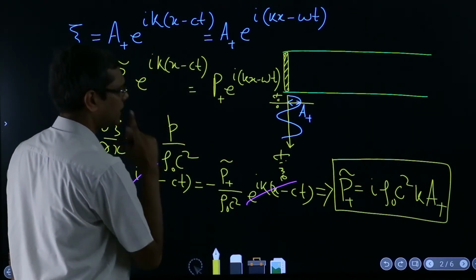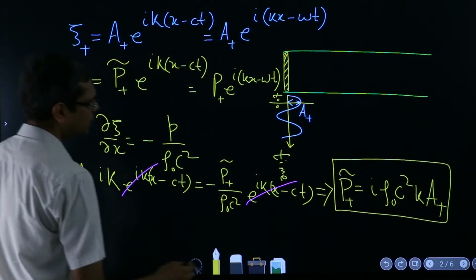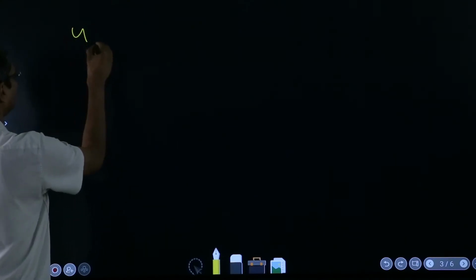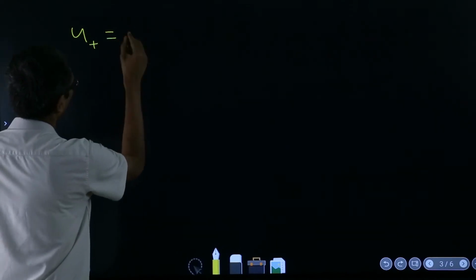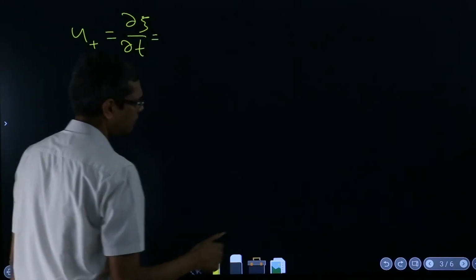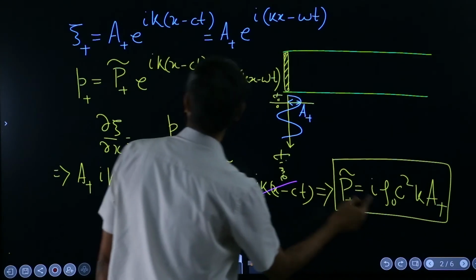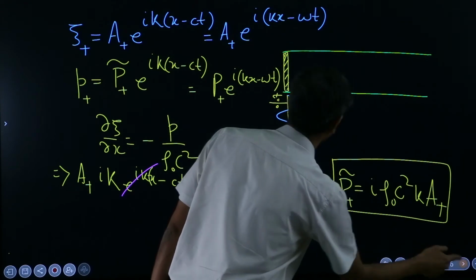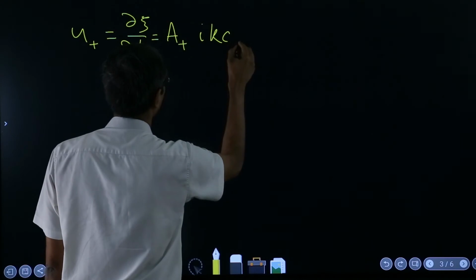Now, so that's one. Then what can we do about, say, u plus? If we write the velocity field, u plus will be d xi over dt, will be equal to a plus, then whatever this is, i k c, right?